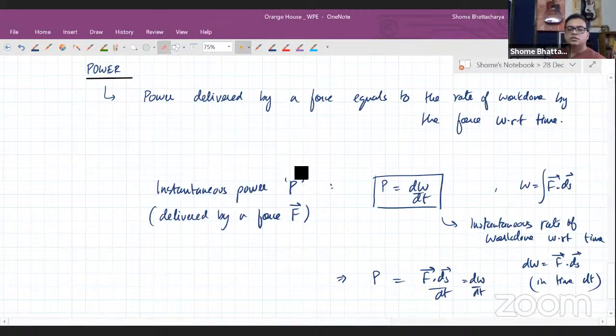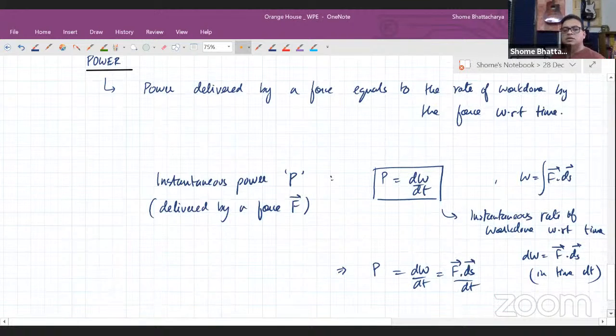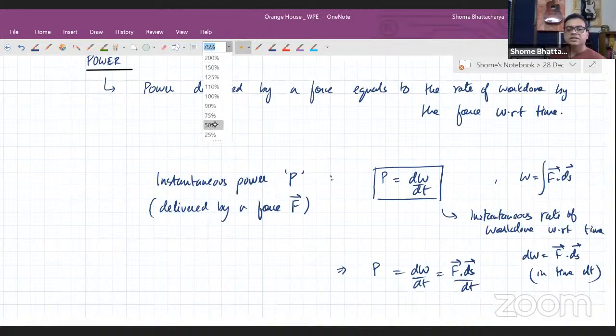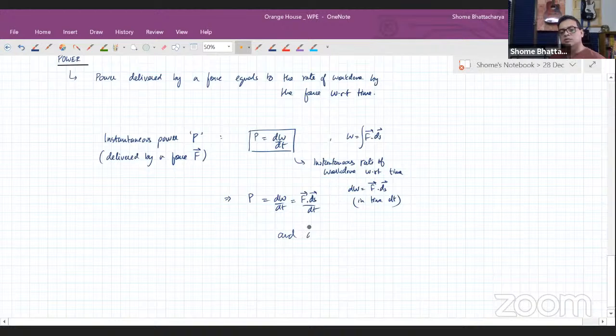Or let's write this in reverse order. So the power which we are defining as work done upon time, but instantaneous work done, so that is F dot ds divided by that very small interval of time. Now we know that ds by dt is nothing but the instantaneous velocity.